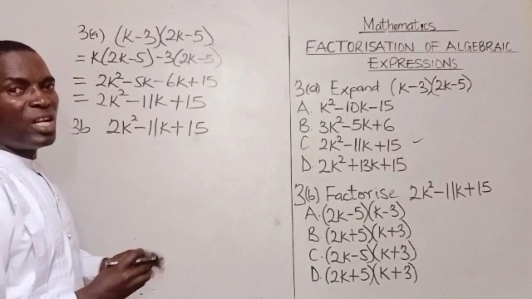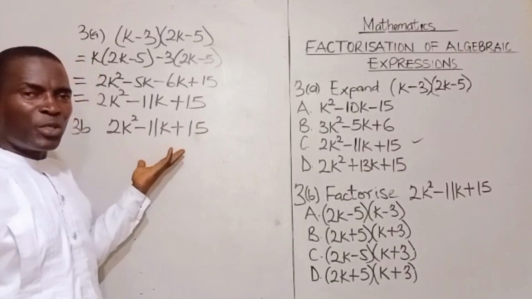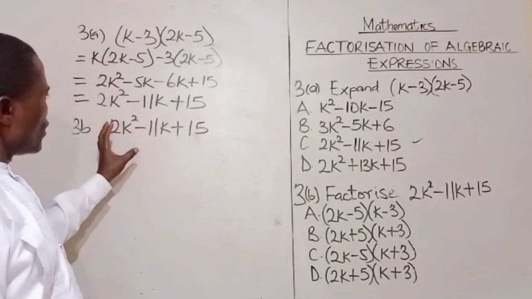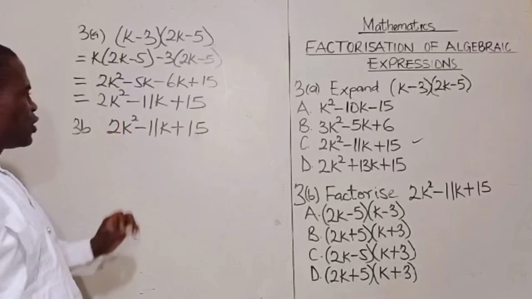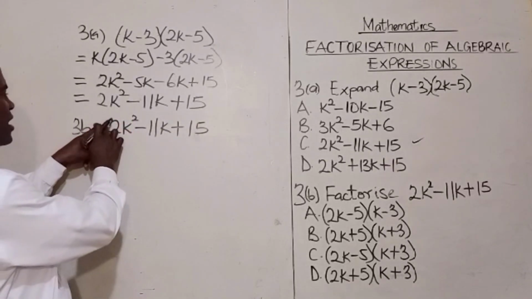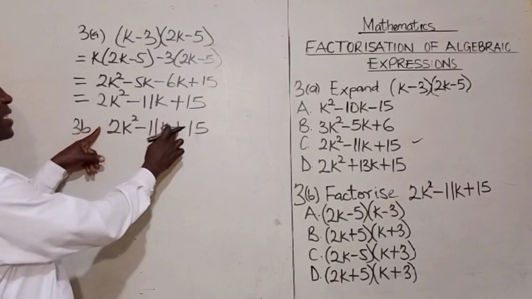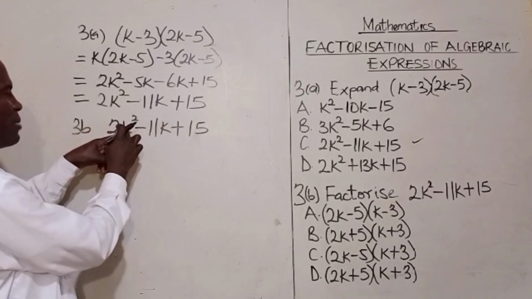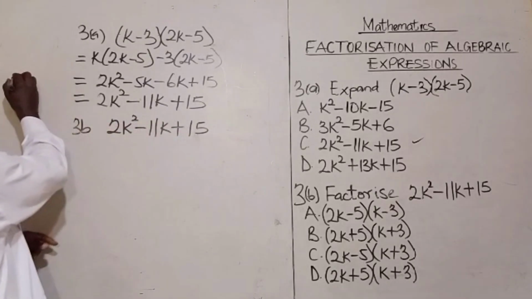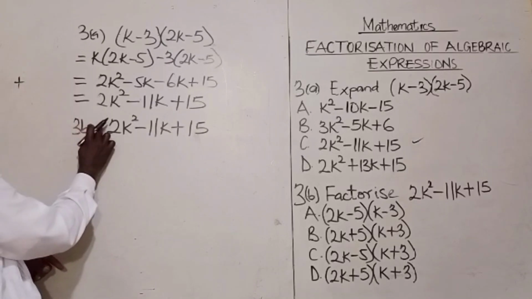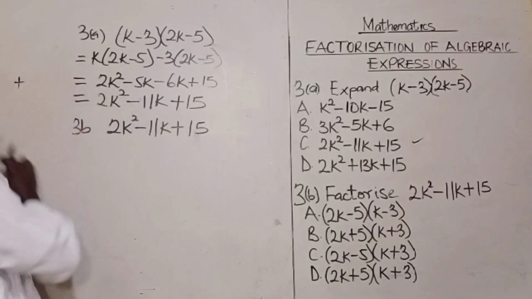Please, I want us to listen attentively at this point. If you want to factorize this, the first thing you are going to do is that the sign here and the sign here, we're going to multiply them together, and that gives us plus. That is to say, plus times plus will give us plus.